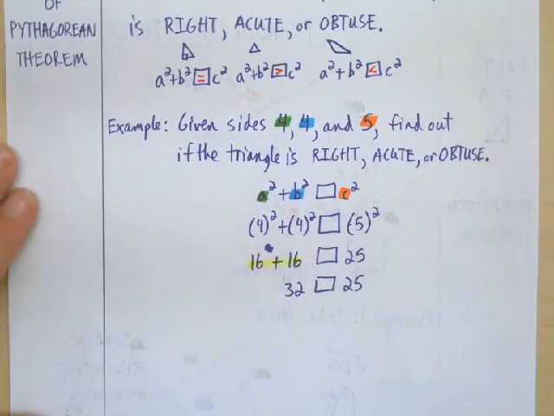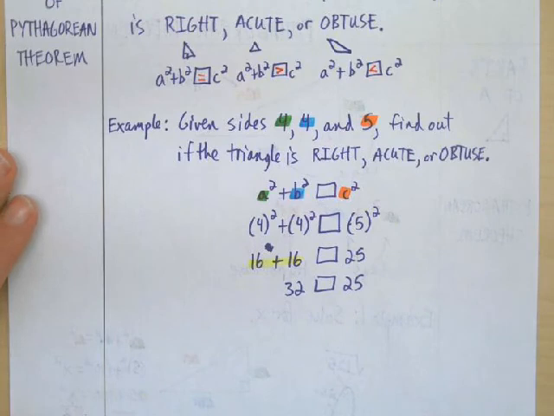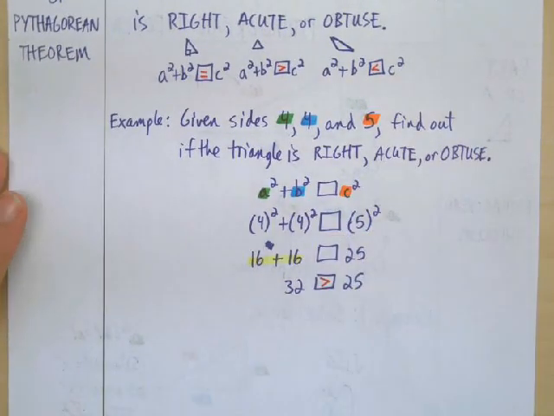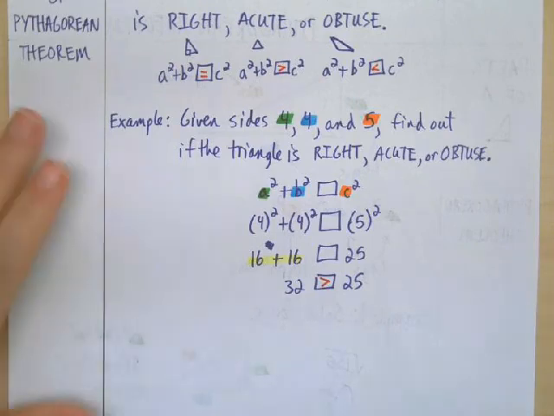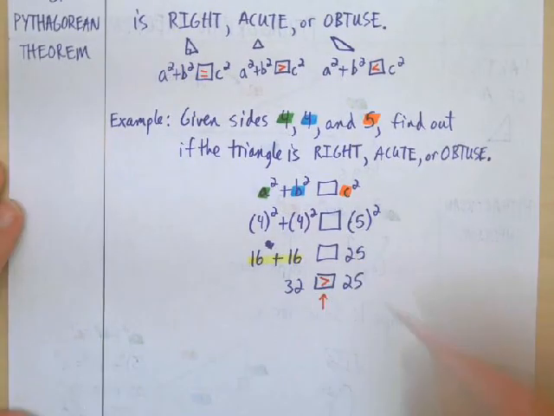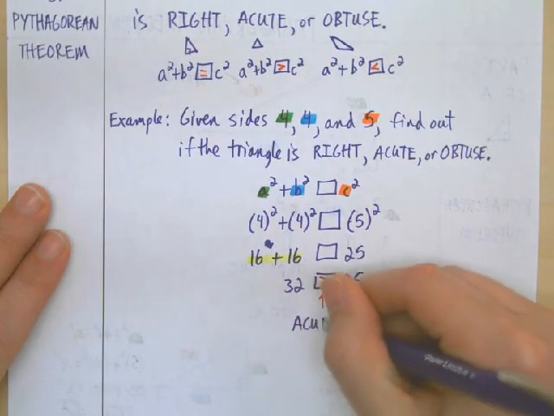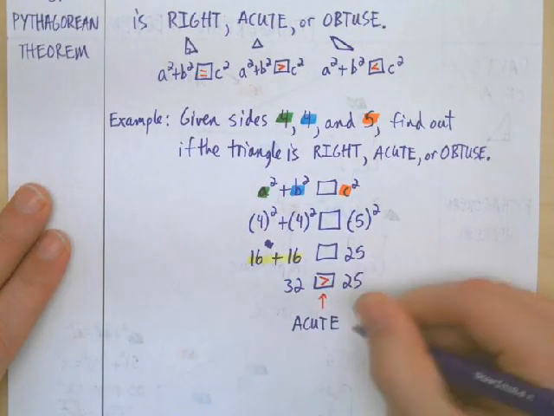It's plain to see that 32 is not equal to 25. Instead, 32 is greater than 25. And because we said greater than, that means it's an acute triangle, which will look like this.